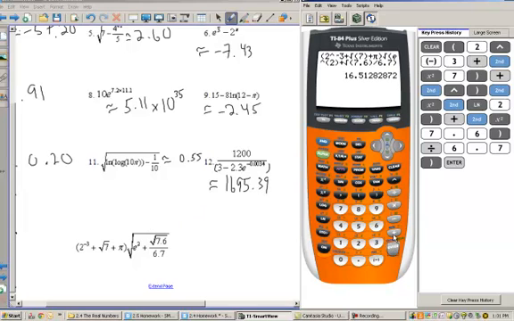Hit enter, and out pops my answer of approximately 16.51.